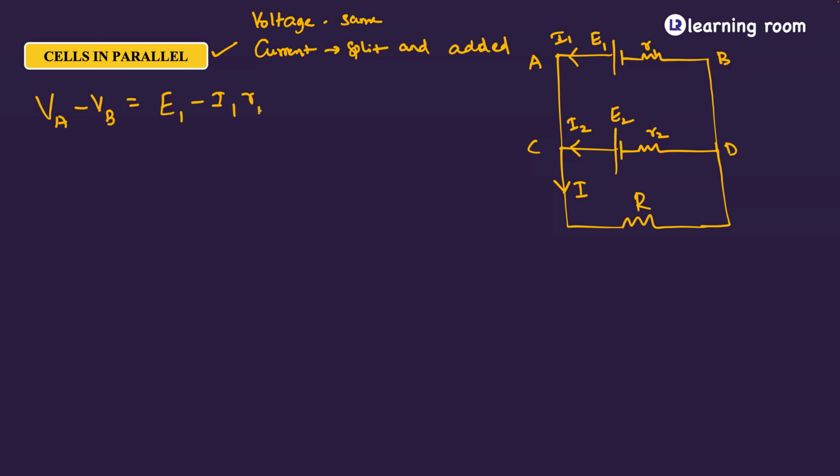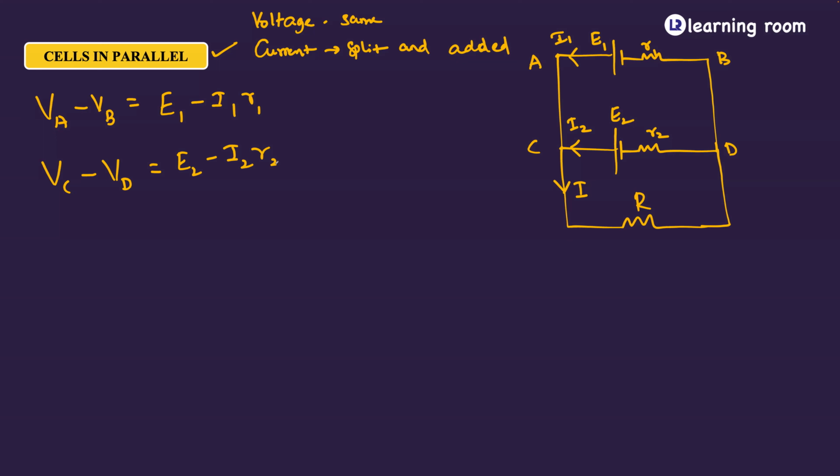So what about VC minus VD? It will be E2 minus I2 into R2.